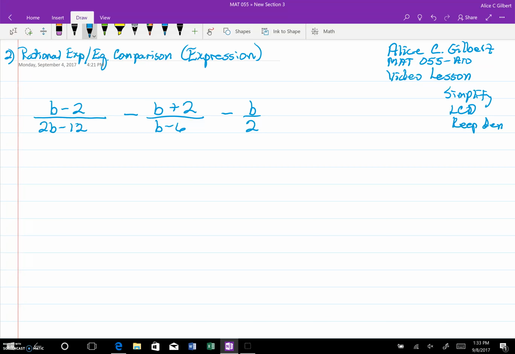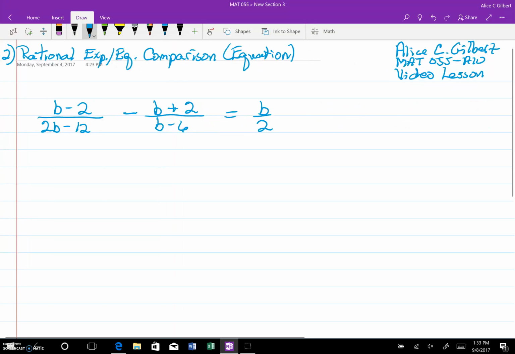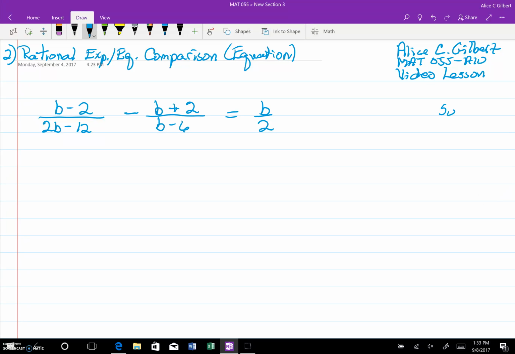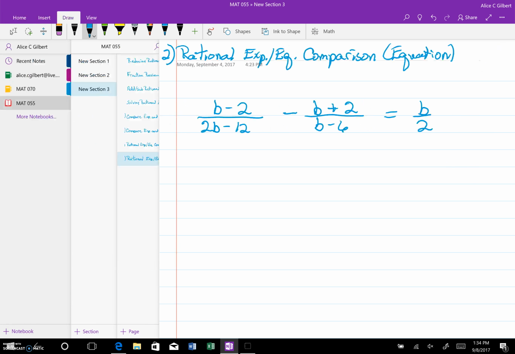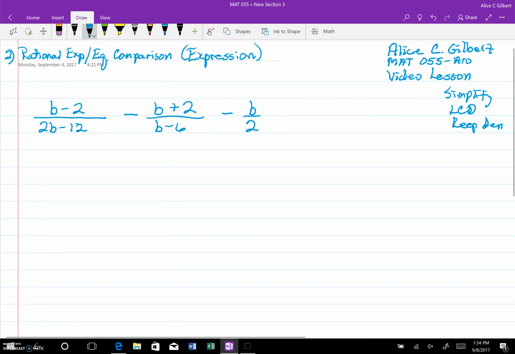Okay, and an equation, we solve. We use an LCM to get rid of the denominator. And our answer always has to be x equals something, or in this case, b equals something, whatever letter you're solving for. So let's get started, okay?